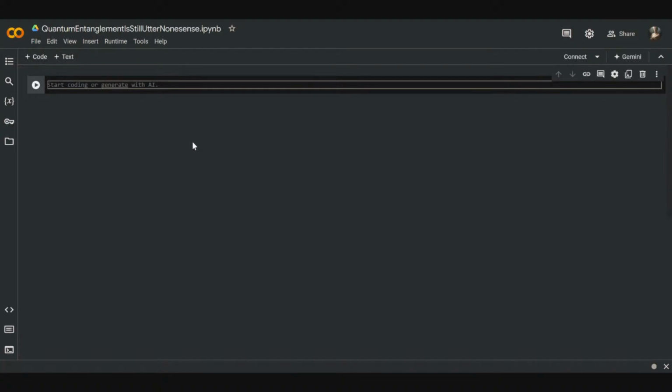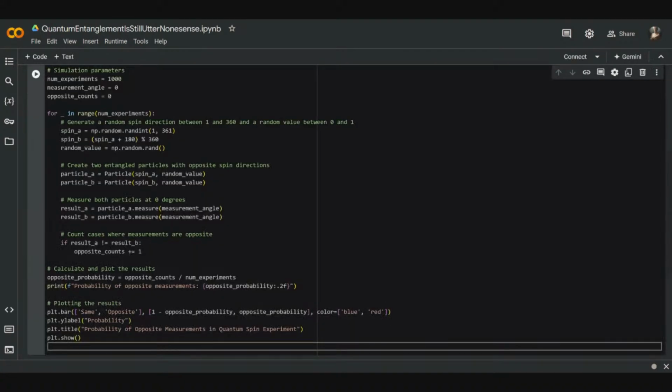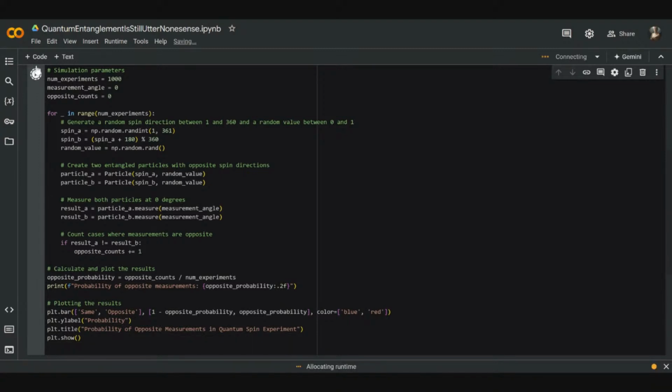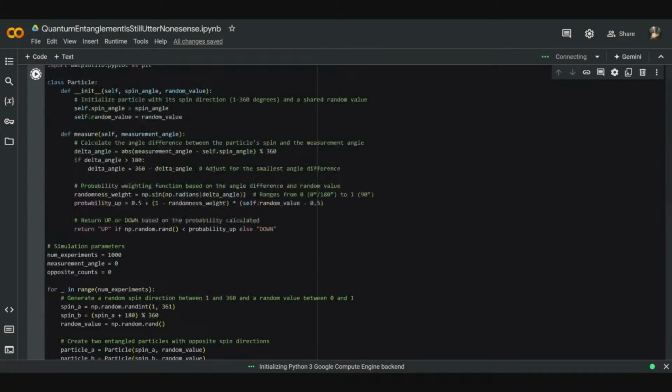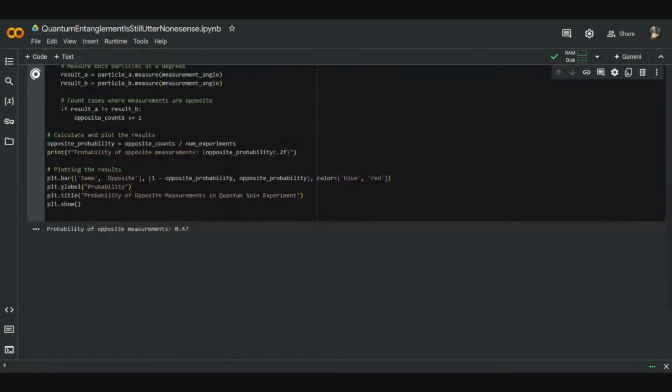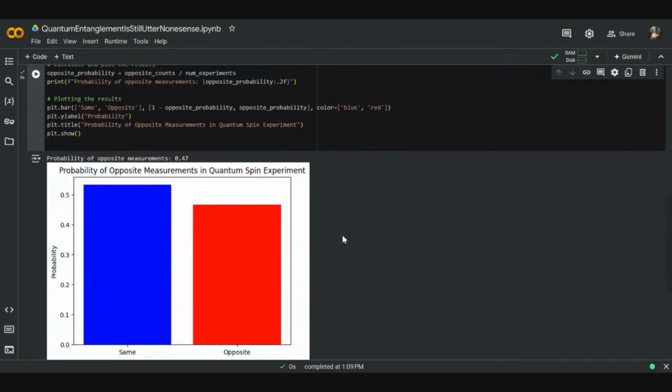Okay, so we could generate the code with this guy as well. Let's see if this works. I don't know if it understood everything I wanted to do. So this is wrong because this looks like it's 50-50.